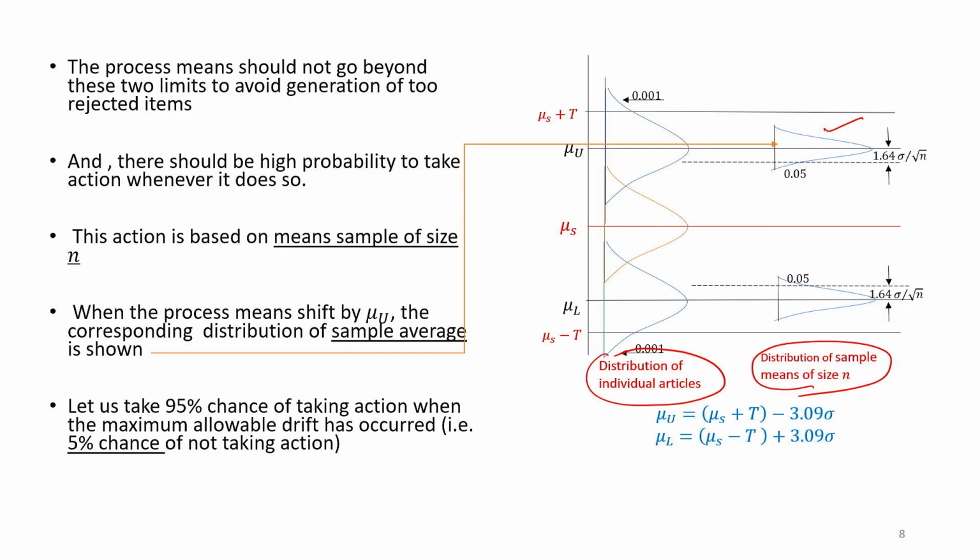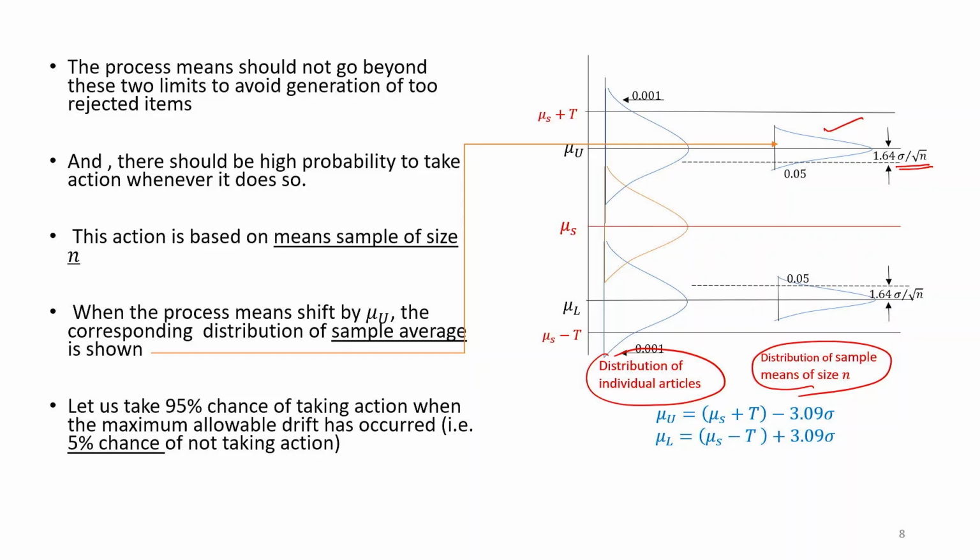And the standard deviation of the sample of size small n is always sigma by root n. The higher the value of small n, the lower will be the standard deviation of the mean value. And we have already studied that the standard deviation of the mean is also known as standard error.